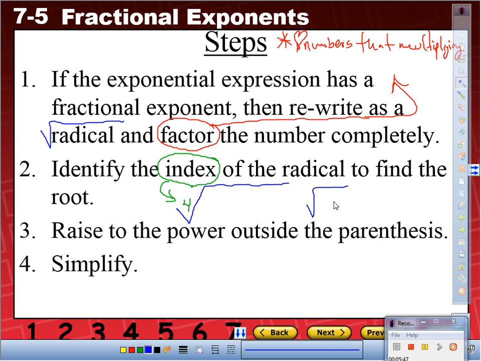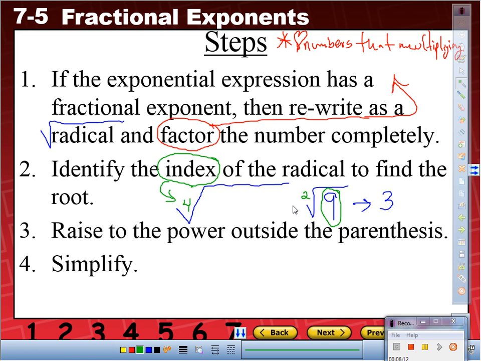Check this out. Everybody look up, please. If I gave you the square root of 9, what are you going to say? How do we get 3? Multiply a number times itself. How many times? 2 times. That means there's an invisible number here. What would that number be? 2. This is indicating how many times you're going to look for a number multiplying itself to give us this number. That's what the index means.